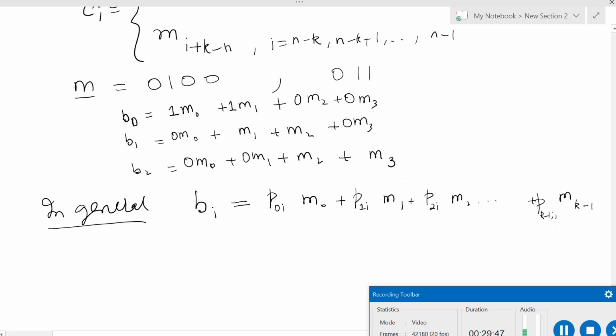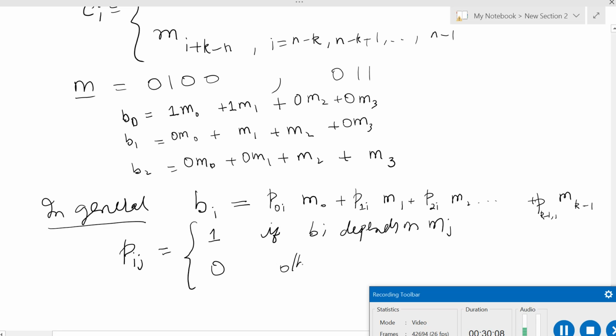Now these Pij I will write, in fact, they will be having value 1 if Bi depends on Mj and 0 otherwise.